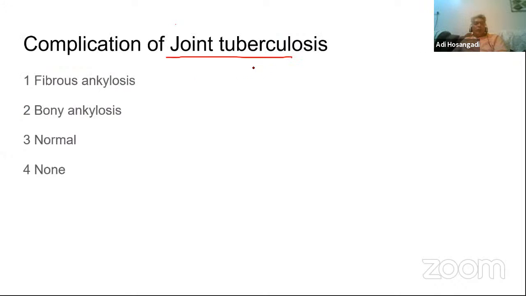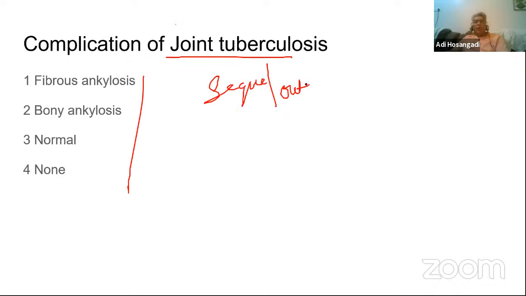Complication of joint tuberculosis. I was talking about this all this while. What is the complication, or the sequelae, or the outcome? Fibrous ankylosis. Very good.